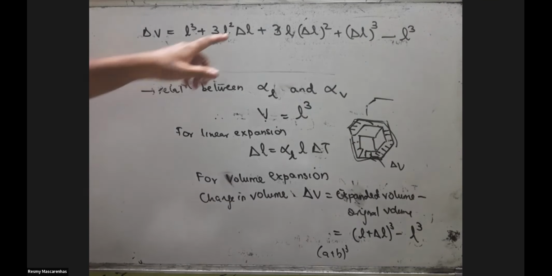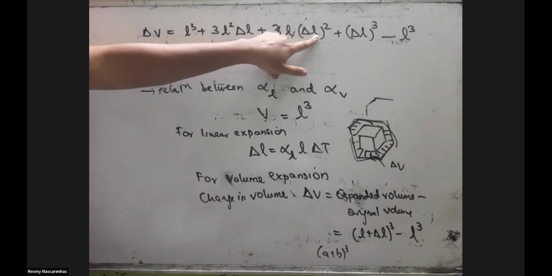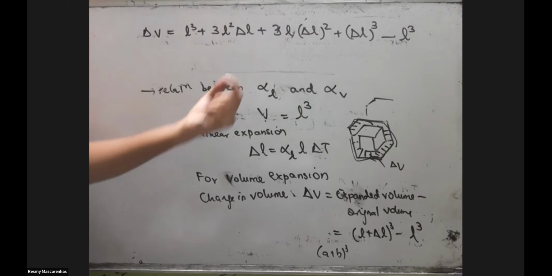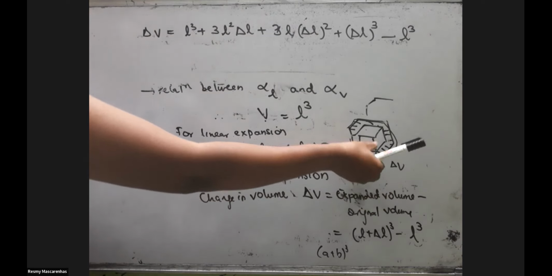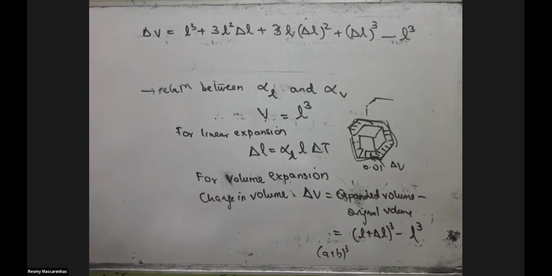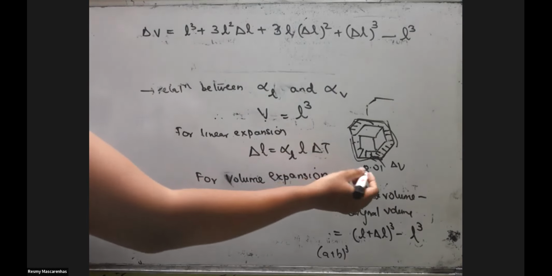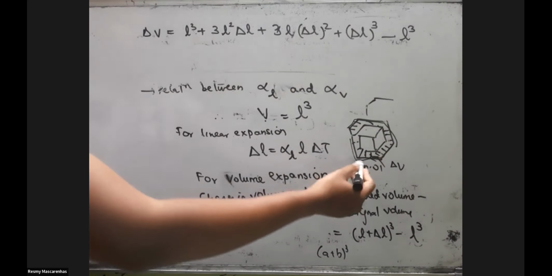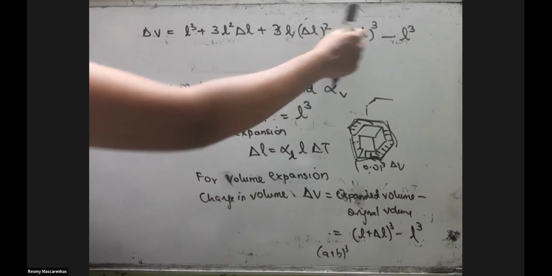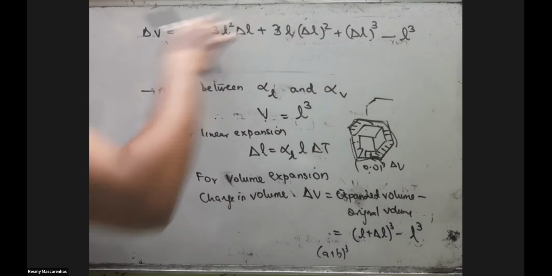Now this delta L is a very small value. It will change by a very small fraction. Suppose 0.01 length has increased. Whenever some expansion is there, it will not extend by 1 meter or 2 meters; it might extend by centimeters or millimeters. When you're squaring a small number, it becomes smaller, and when you're cubing it, even smaller.